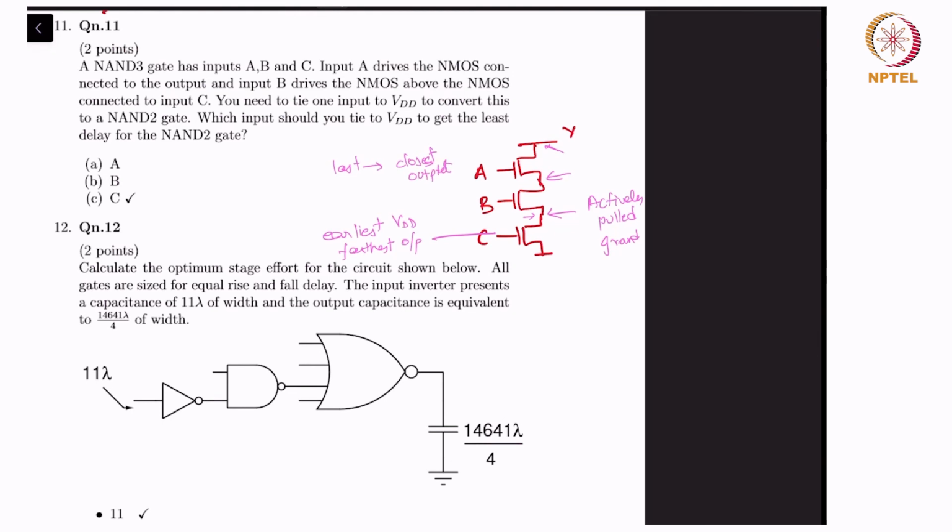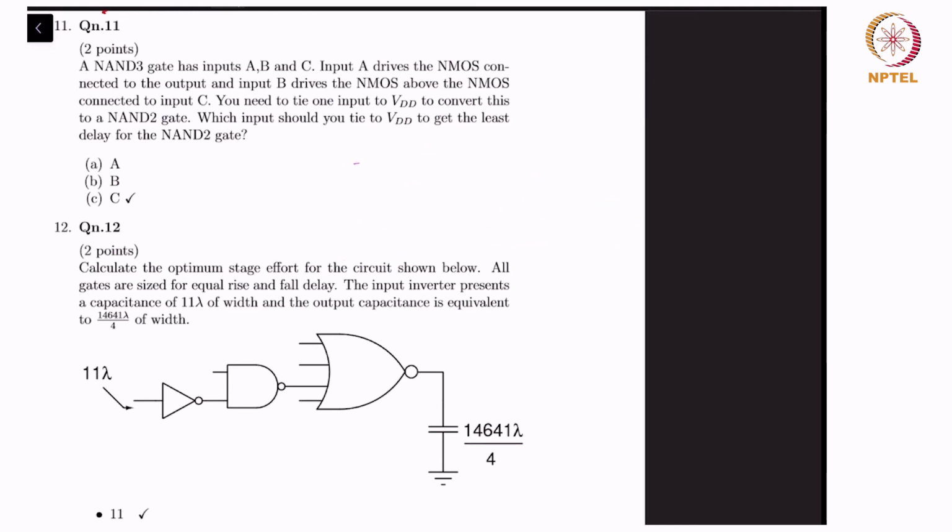Because all the other signals would have already arrived and all the parasitic nodes would have settled to their steady state values. So it's only this last one that would switch, and it would only have a pull down of discharging the output Y cap, right? And so the answer is C. Right? The answer is C.